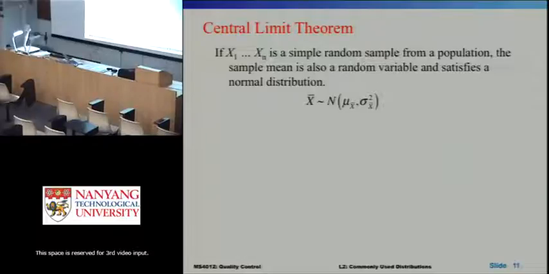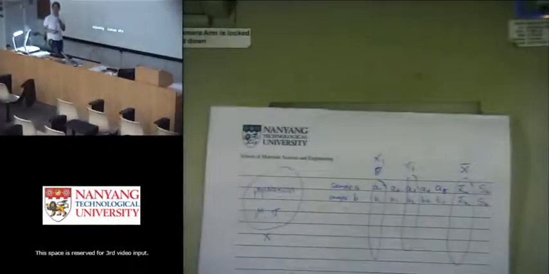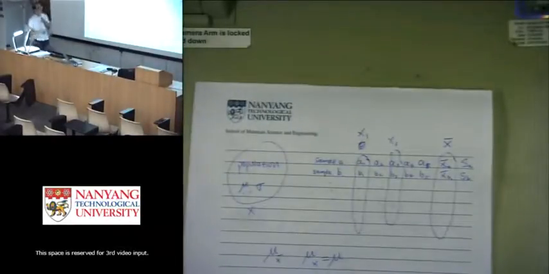I already repeated it several times, so if you still recall this, basically we know that x bar is a random variable.